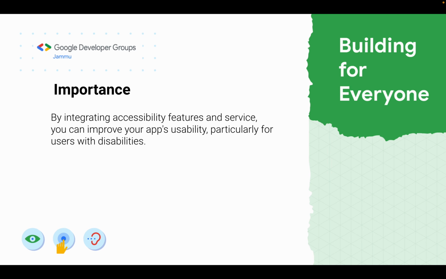It is quite similar to the acronym POUR, which stands for perceivable, operable, understandable, and robust. So by integrating these features and services, we can improve our app usability, particularly for people with disabilities.